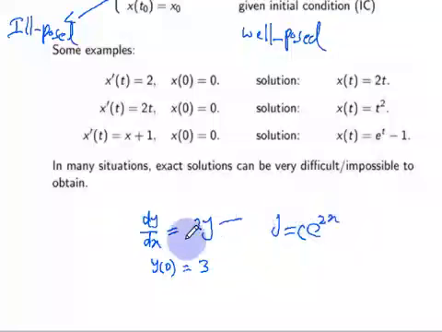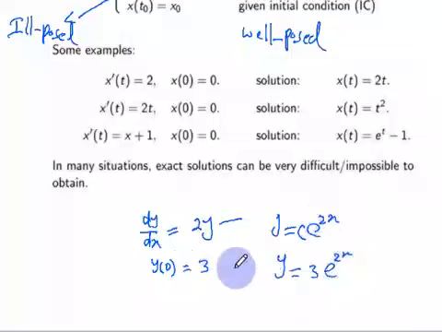When you solve this differential equation, you get a family of solutions. And because of this initial condition, you can find this arbitrary constant. When you plug this value into the equation, you will get the value of c. So you get something like this.